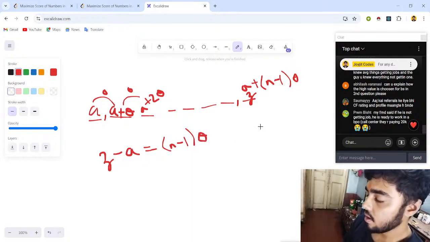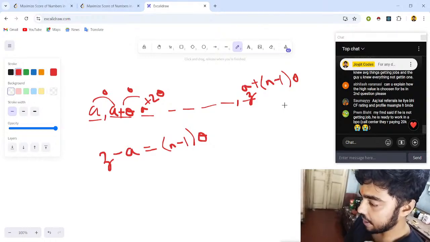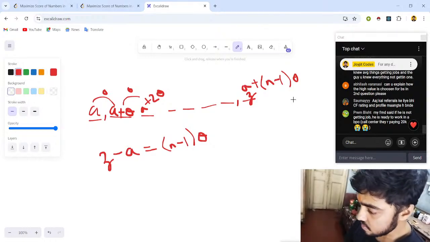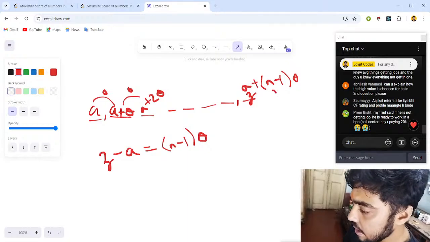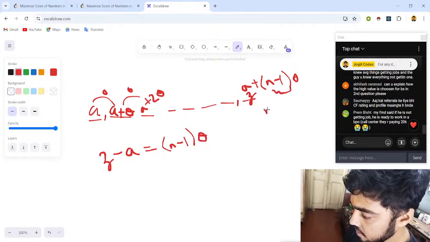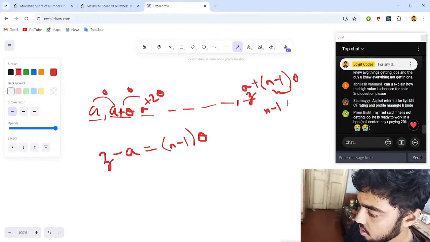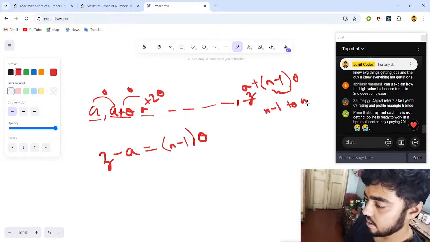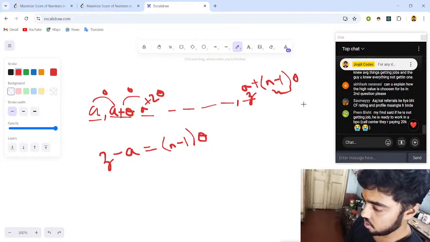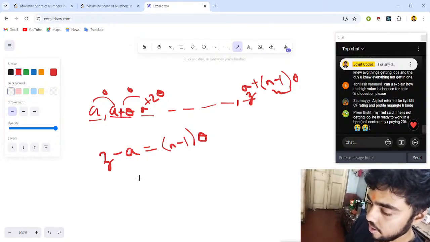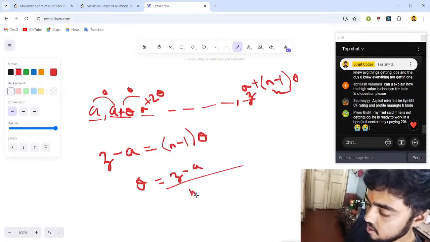Just for a better assumption, this value can be a little bit greater than this, so it will be in the range of n minus 1 to n, right? But for now we are going to consider n minus 1 only. So we know that theta is going to be (z minus a) by (n minus 1), right?